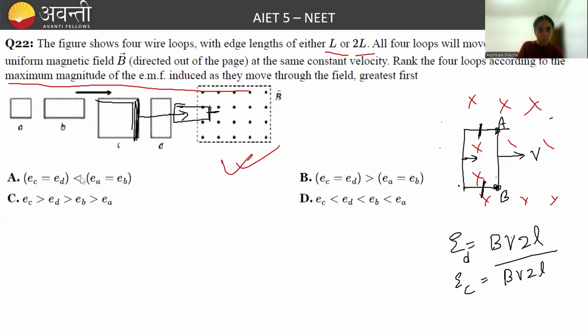So this length is perpendicular, that is, EMF induced in loop B will be equal to BVL, and similarly in A it will be BVL. Okay? So EC and ED are greater than EA and EB, and EA and EB are equal, EC and ED are equal. So the correct option is.